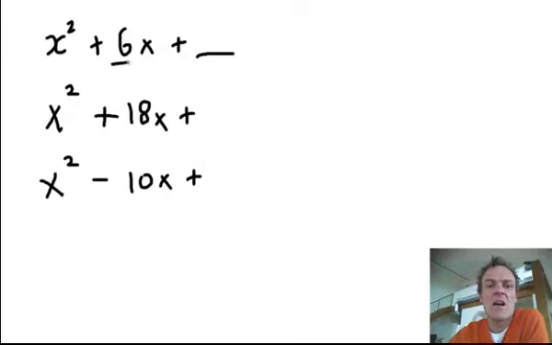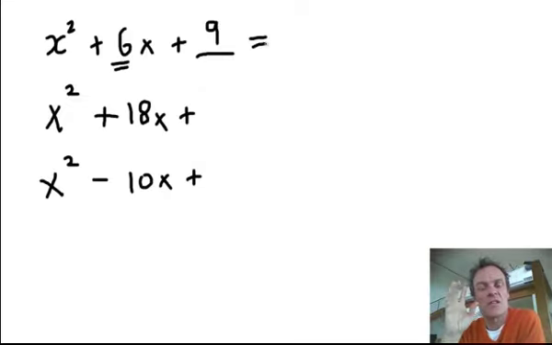You take half of this and square it. What's half of 6? It's 3. What's 3 squared? It's 9. That is the number that goes at the end. Because watch, when you factor that, what's two numbers that make 9 when you multiply, that make 6 when you add? That's 3 and 3, right?